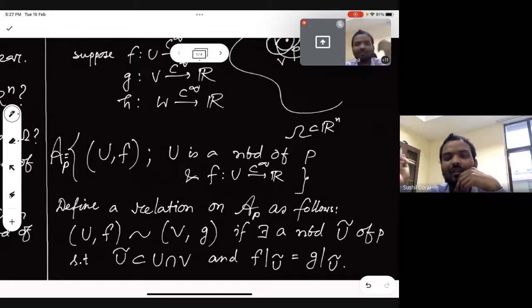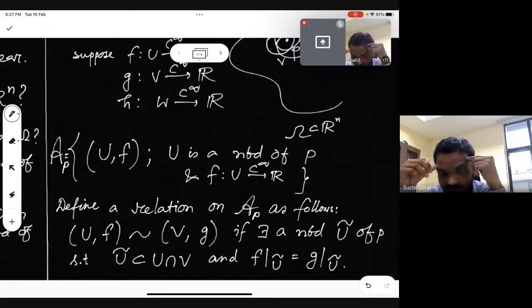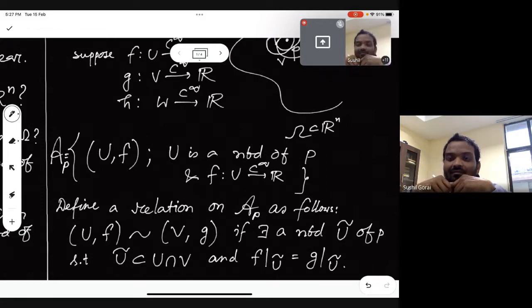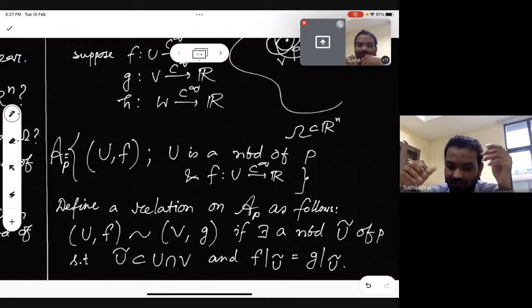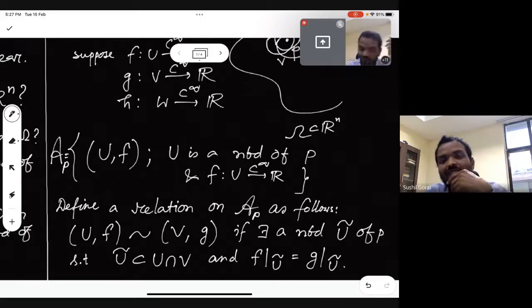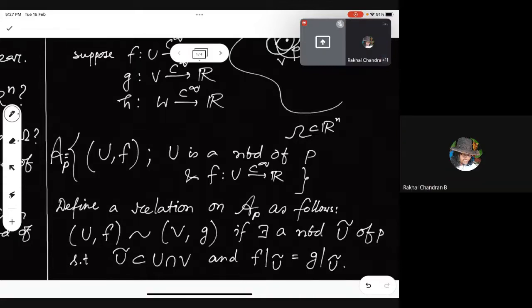P is fixed from the very beginning. Is there a condition that U tilde has to be non-empty?